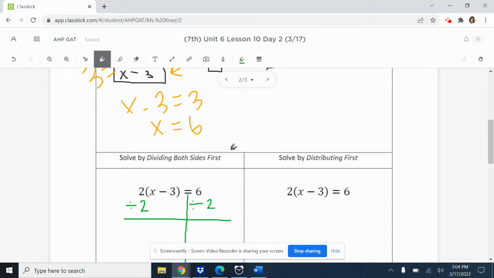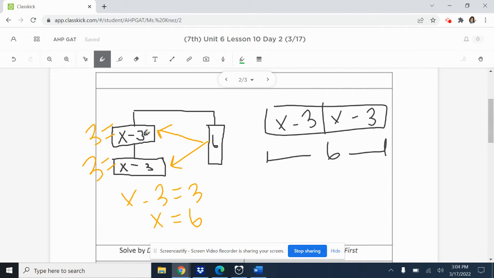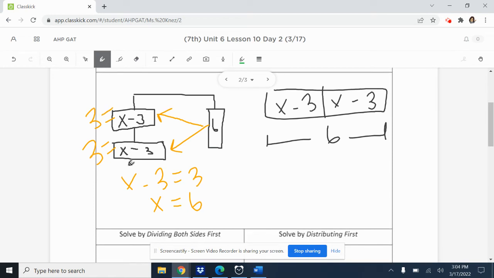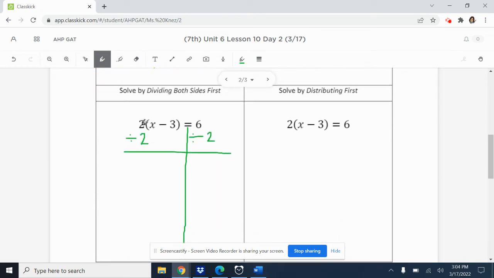The reason is because I'm doing what's drawn in this diagram here with the orange arrows. I'm splitting up 6 into two equal groups of 3, and I'm splitting up my x minus 3's into two equal groups, with one group of x minus 3 in each box. If I divide two groups of the same thing by 2, I simply end up with x minus 3, because I'm splitting my total amount in half. x minus 3 is equal to 6 divided by 2, which is 3.